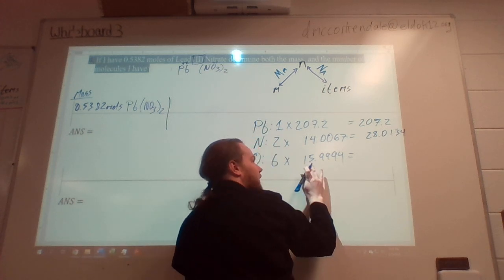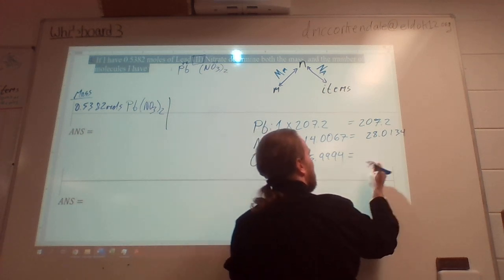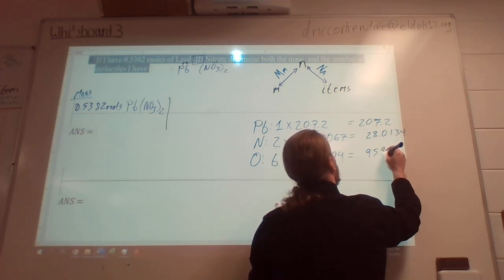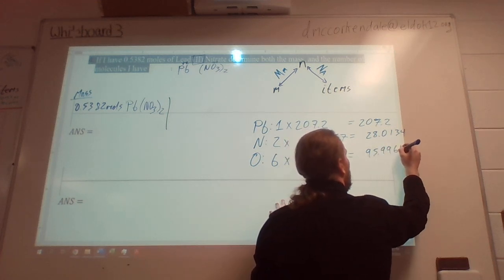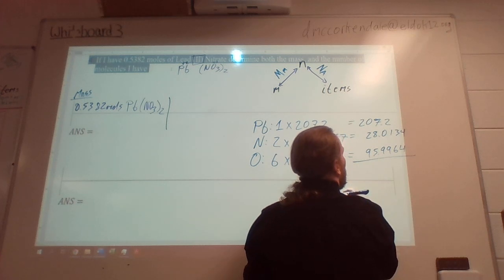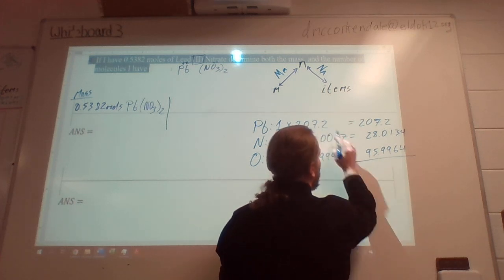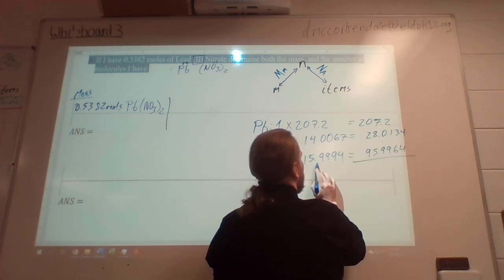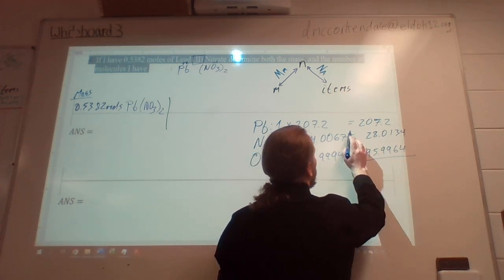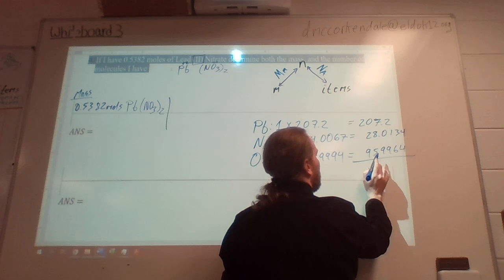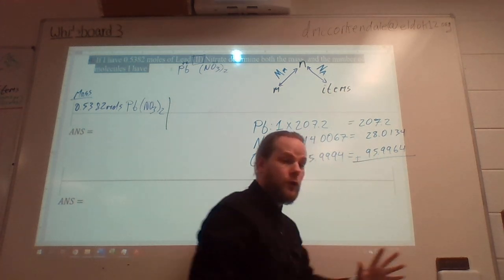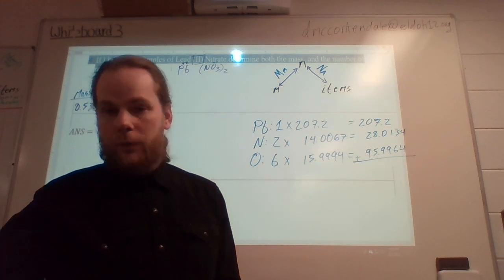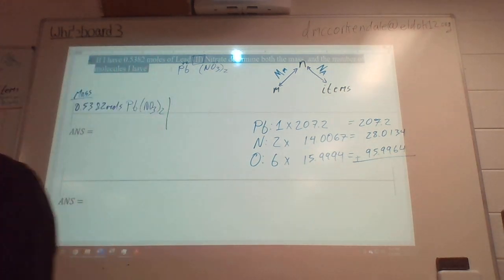And then 16 times 6 is going to be 95.9964. And then we have to do sig figs. Obviously, that one is fine. We have 6 here, 6 here, 6 here, and 6 here. So this one's fine, and this one's also fine, which means we're good to go ahead and add these up, which I'm going to do on a calculator.